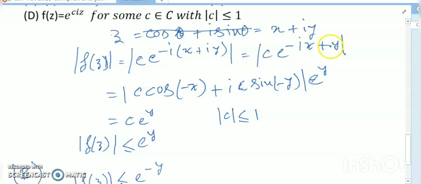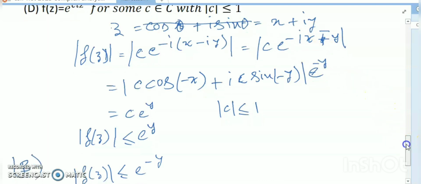Everything is changed, just the sign changes. So whatever I get is minus e to the power minus y. So this is not possible, option B.